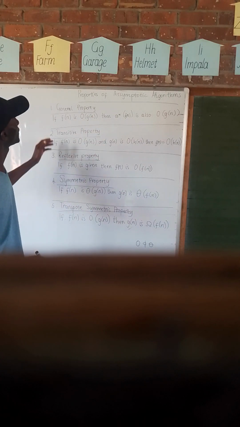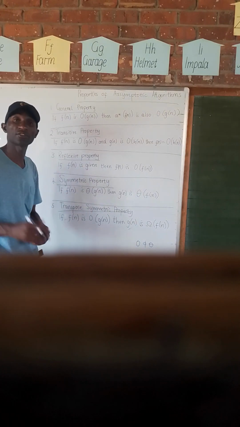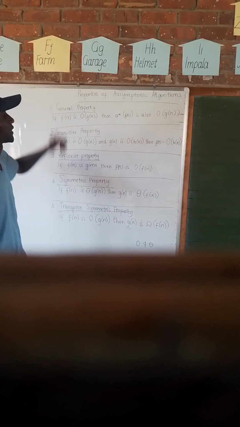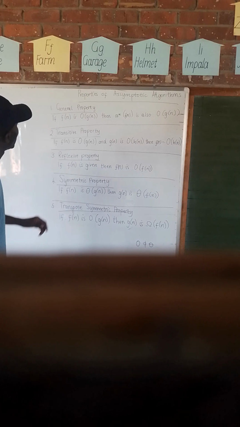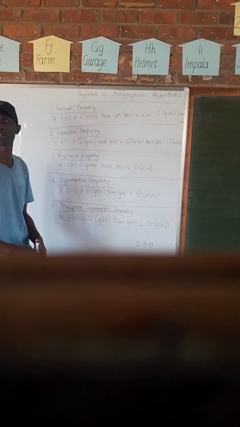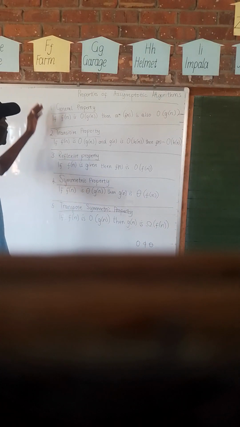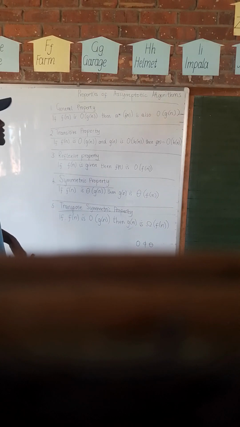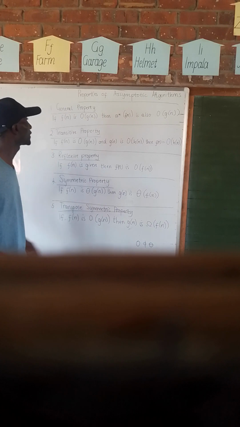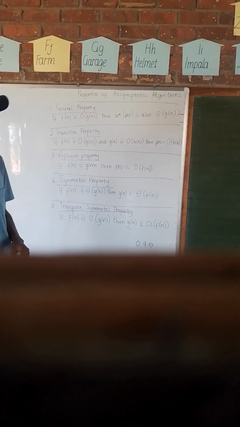So now I am taking you to this segment on properties. The common properties of the asymptotic algorithms. In this case, I will dwell on 5 properties. The first property is the general property.